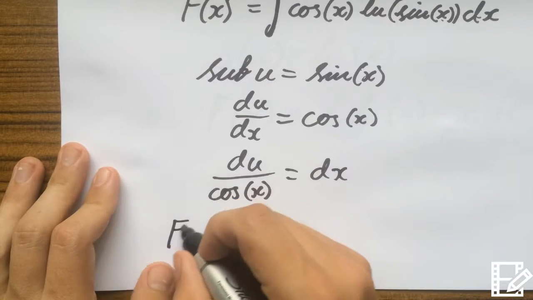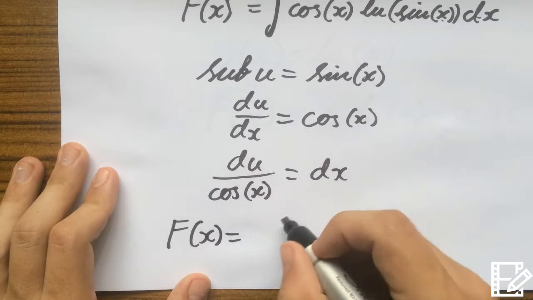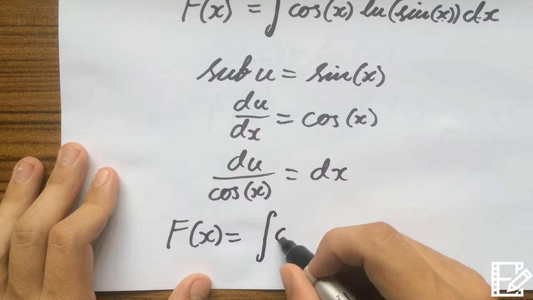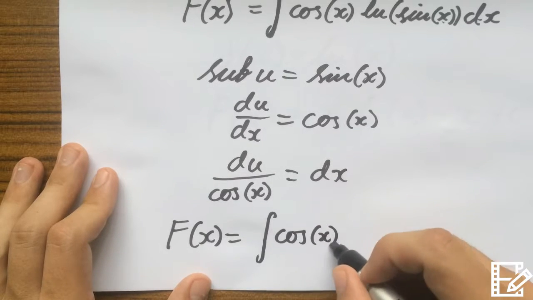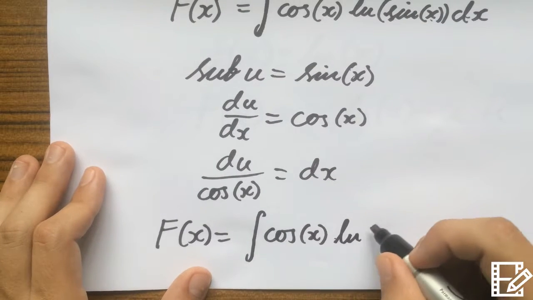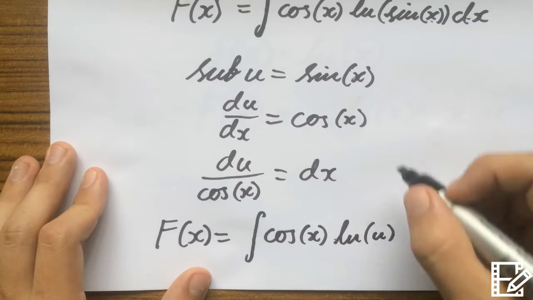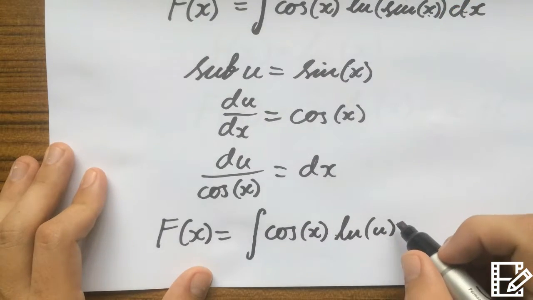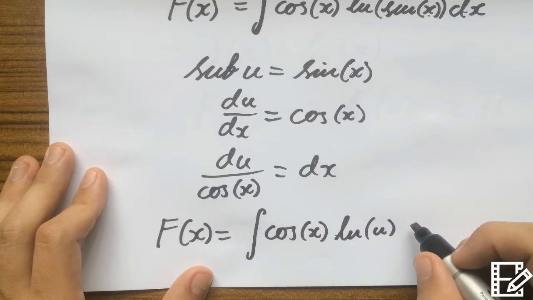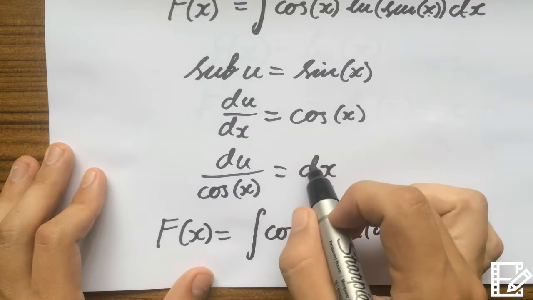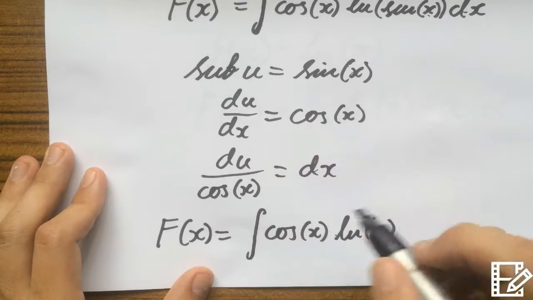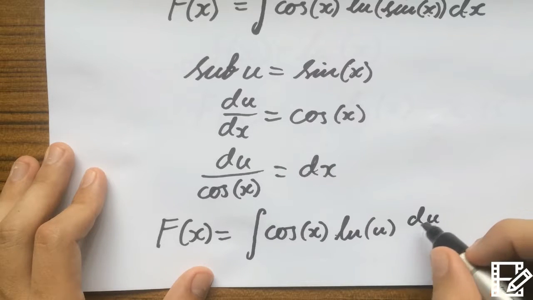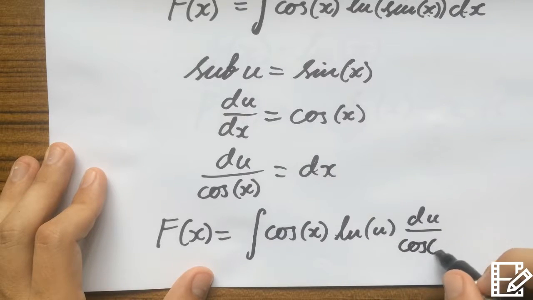So if we rewrite this, we get the integral cos x multiplied by ln of u, because remember we subbed in u for sine x. And instead of dx, we're going to sub in what dx is the same as. So we're going to sub in the du over cos x multiplied on.